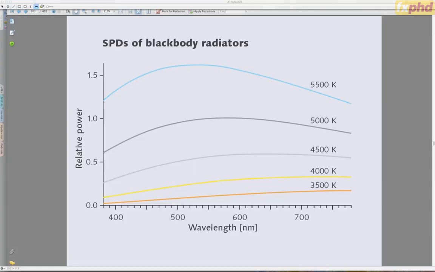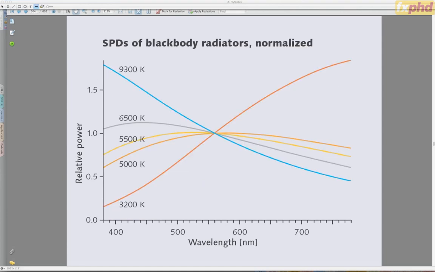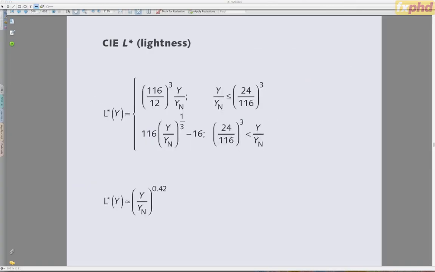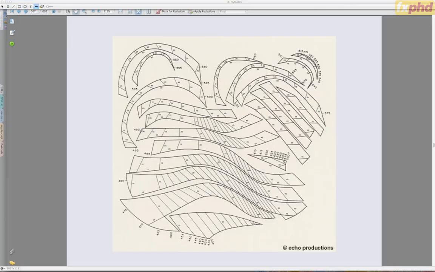Okay, so we're at 48 on the hour. So I'll just give you the preview of what we'll do next. We'll talk about black body radiators because they're an important source of illumination for digital cinema and HD. We'll talk a little bit about white balance and a few more illuminants, a little bit of the lightness arithmetic.